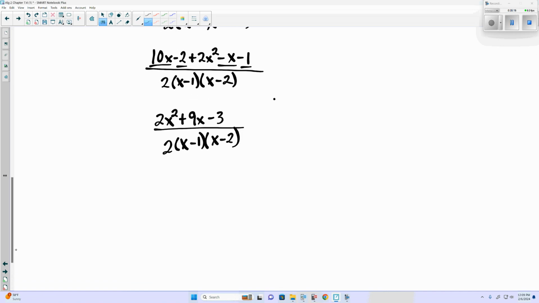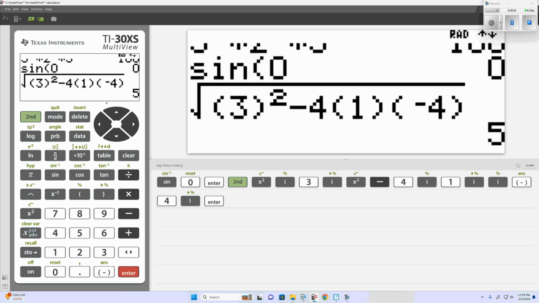Now again, at this point, we need to see if we can factor the numerator. If we're not sure, again, we can check our b squared minus 4ac since it is a quadratic and there is no greatest common factor. Our b this time is 9. Our a is 2. Our c is negative 3. We're taking the number and the sign. We can plug this into a calculator and see what we get.